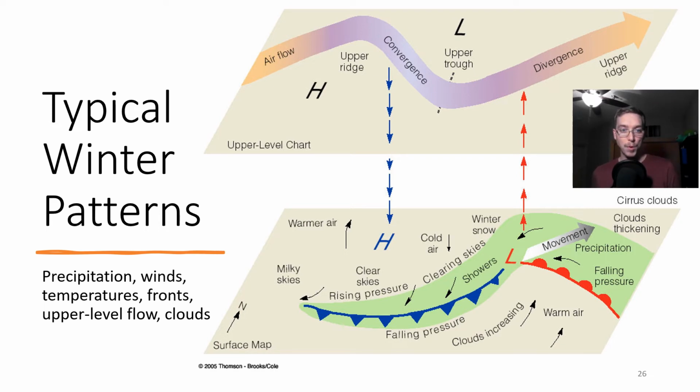From a cloud perspective, if we're assuming north is up, at the left or west edge of this map you can see milky skies. We see clearing skies towards the left edge of that cold front, that thin band that we've talked about.